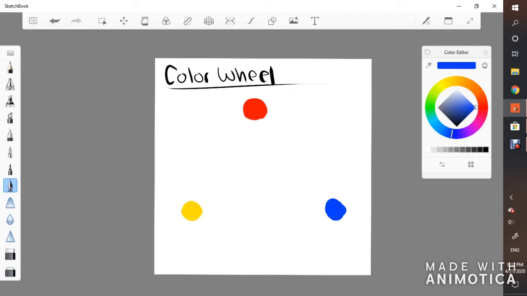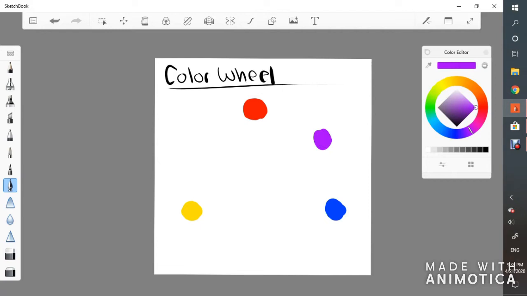Now, secondary colors are the colors that are made when you mix two primary colors together. So, the first one we're going to mix and make is purple. So when you mix red and blue, you get purple. And is that going to show up?